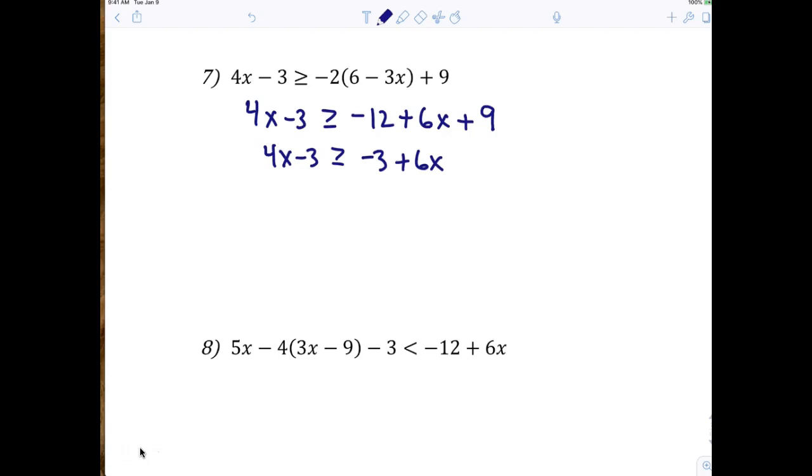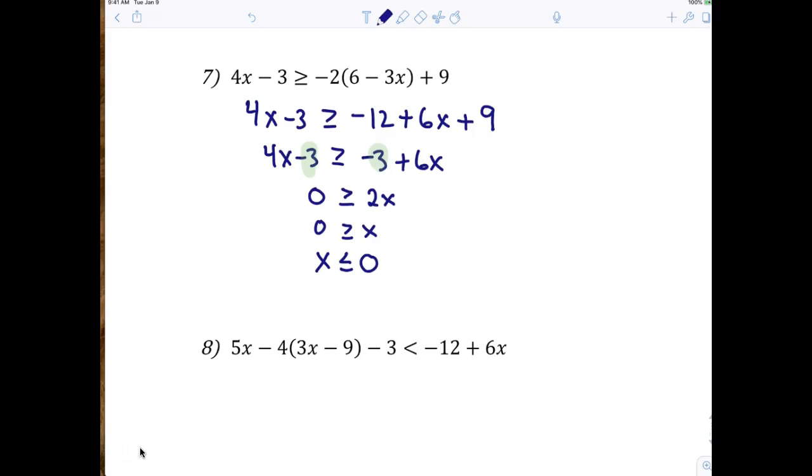So what happens to the negative 3's, guys? Looks like they cancel to be a 0, right? So it looks like we have 0 is greater than or equal to what? 2x. So 0 is greater than or equal to x, which means x is less than or equal to what? 0.